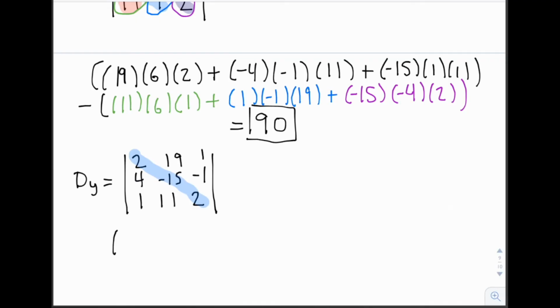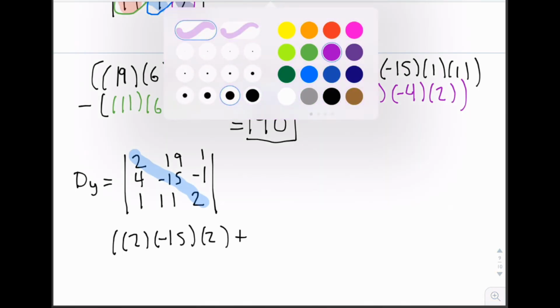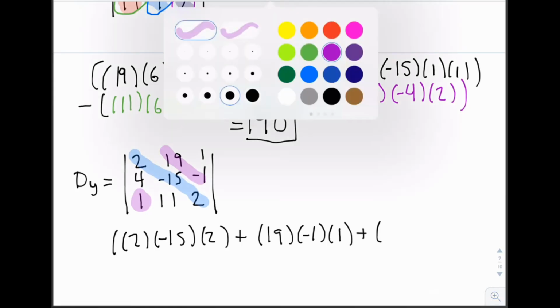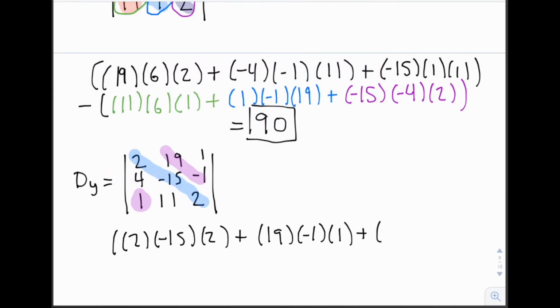We have a 2 times a negative 15, multiplied by a 2 here, plus another diagonal: 19, negative 1, opposite corner of a 1, and add our last diagonal: 4, 11, opposite corner of a 1, close off your parentheses.